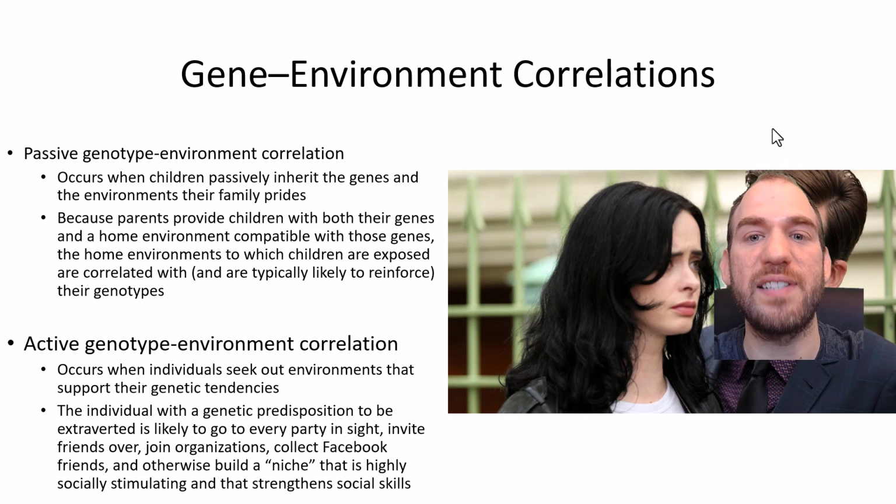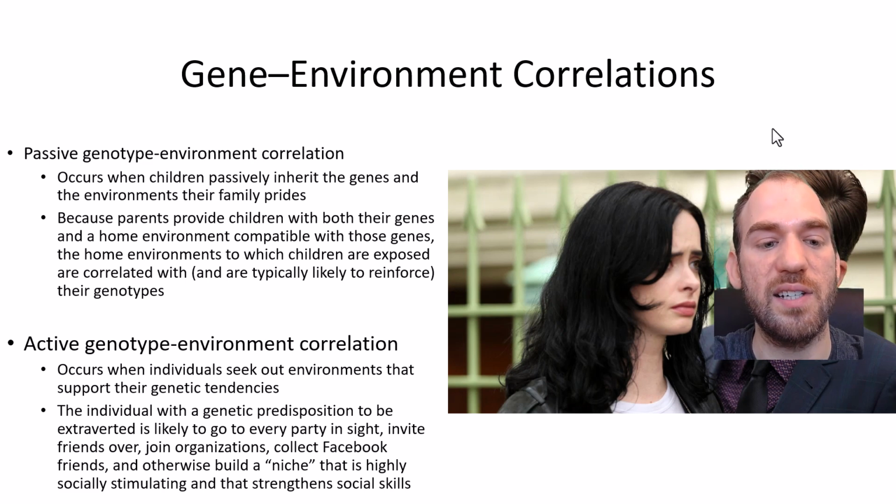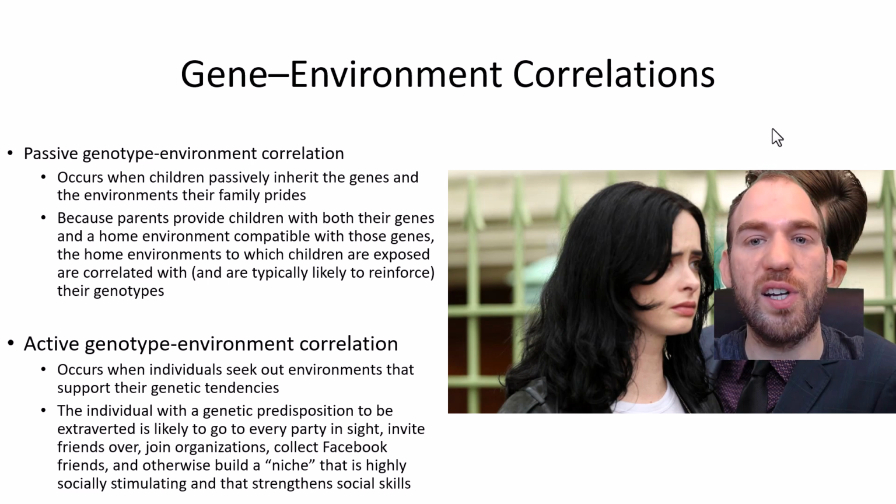So in this case, it's active because I, as a person who has received those genes, am now seeking environments that reinforce those genetic tendencies, because I'm in extroverted environments, practicing my social skills and participating in socially stimulating environments, which again activate those predispositions. So that's the difference.